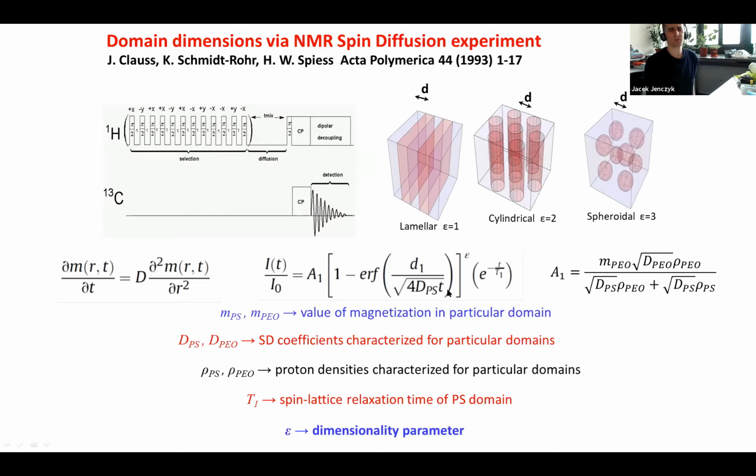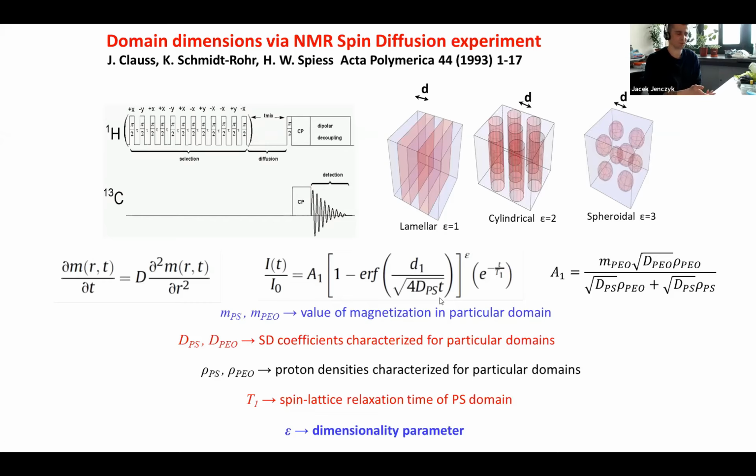The most important parameter here is the spin diffusion coefficient, which signifies how fast the spin diffusion process takes place. And of course, it does depend on the mobility of our material.